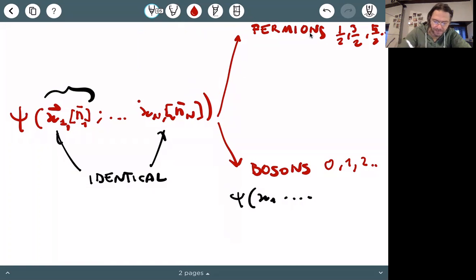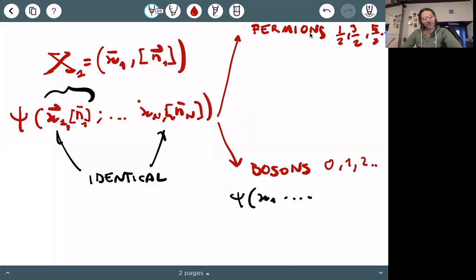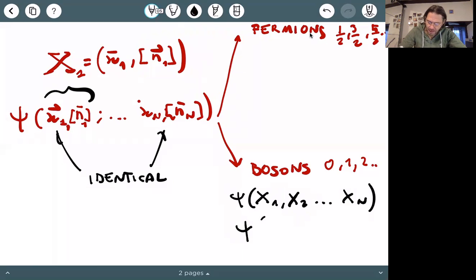Let me call simply capital X a vector that collects all these quantum numbers, all the discrete and all the continuum ones, just for a matter of notation. So the wave function for bosons is symmetric under exchange of any pairs of particles.